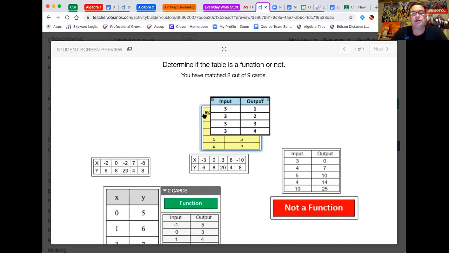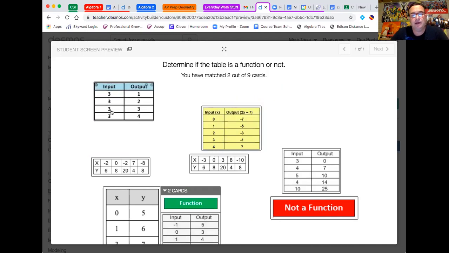Let me move this one over here and you tell me. Look at this and tell me, is this one a function? This is our input. This is our output. So these are our X's. These are our Y's. Is this a function? Lydia says no. Does anybody else have a guess as well?